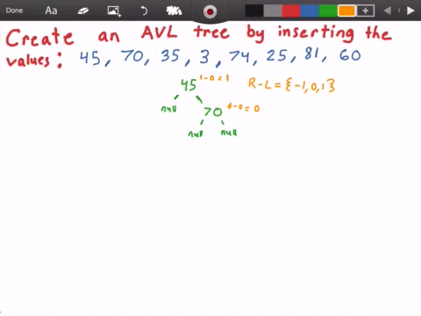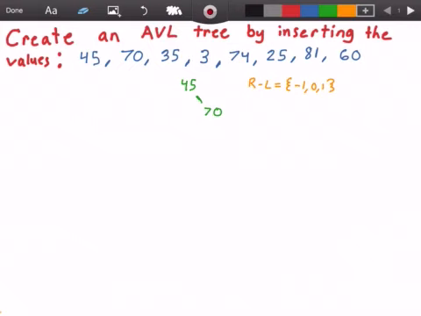Both of these values are still within that set, so this tree is still considered balanced. All right, so now let's erase our balance factors here, and erase our null values.